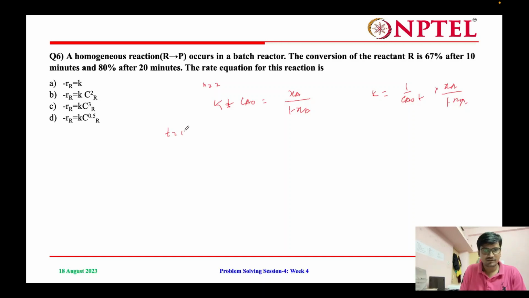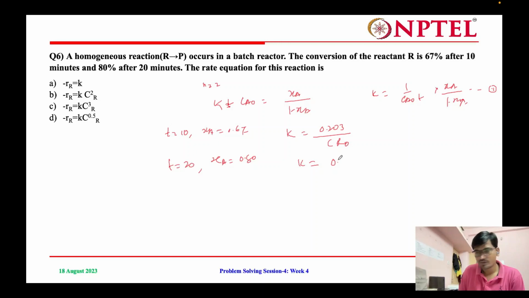Now for t is equal to 10 minutes and x is equal to 0.60, k is equal to 0.203 by C naught, right. Now check for t is equal to 20 minutes, and k is equal to 0.2 by C naught. So k is constant in both the conditions. So hence the given reaction is a second order reaction.